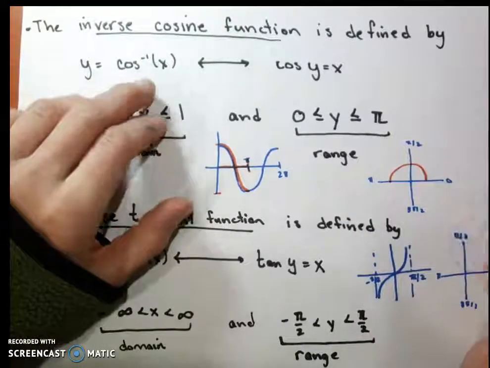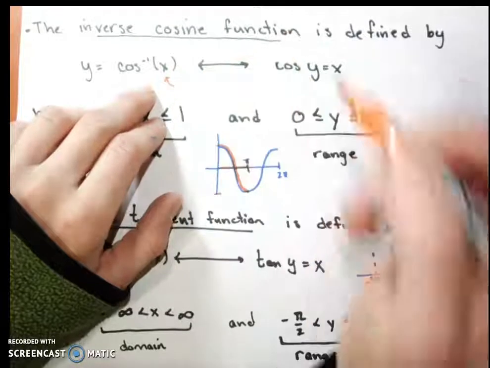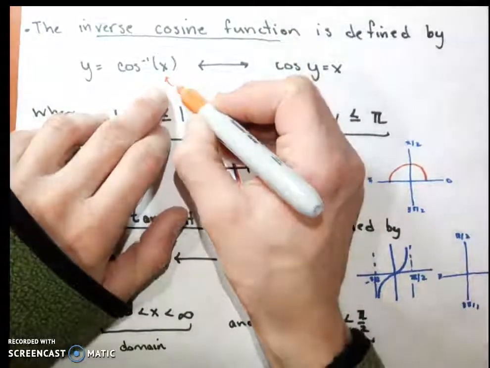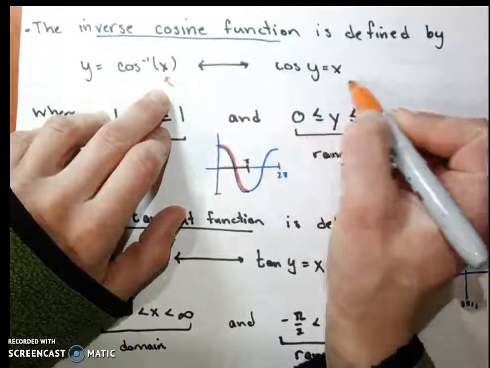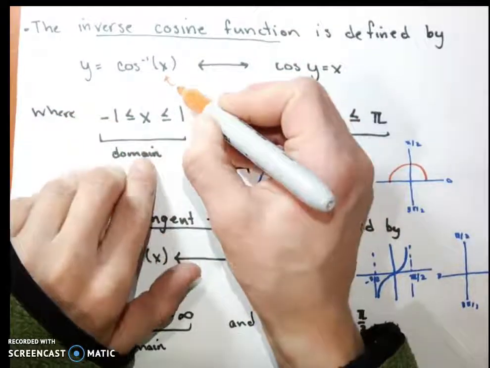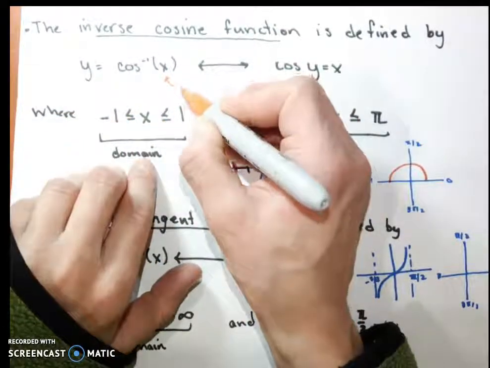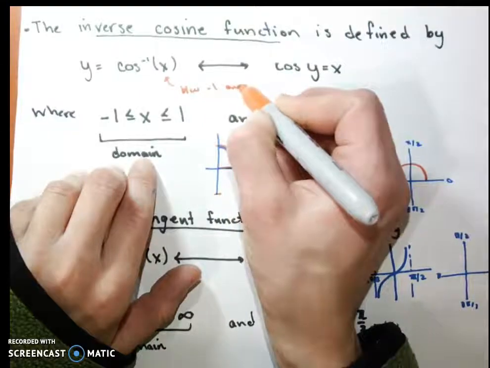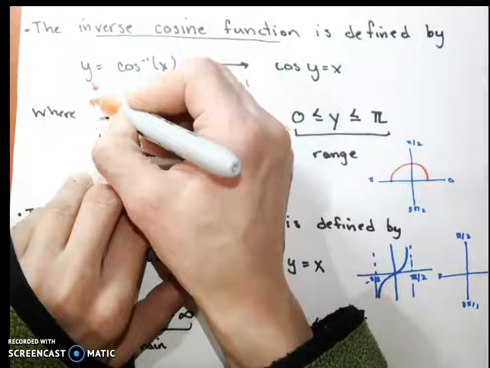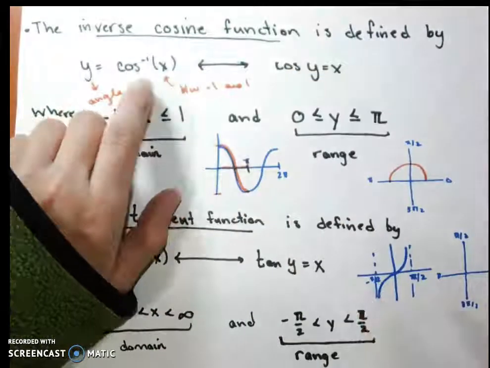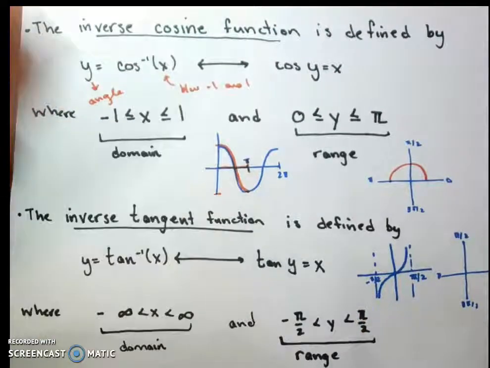So you can think of these inverse functions as plugging in an output of the cosine or sine function, so you're plugging in something between negative 1 and 1. But what you're getting out is the angle whose cosine is that value.